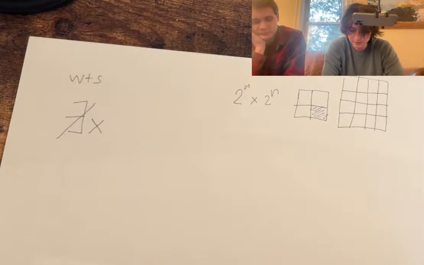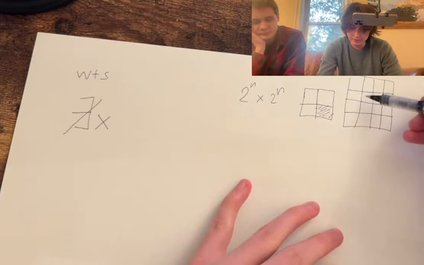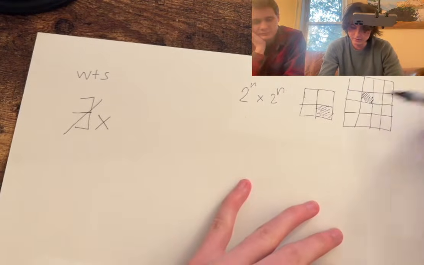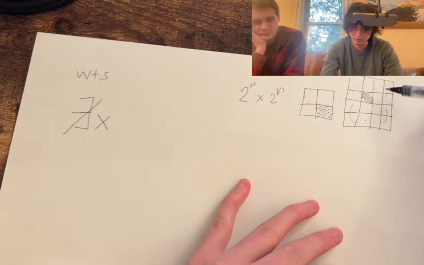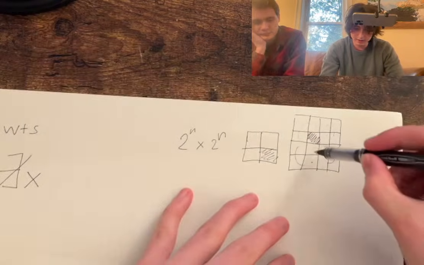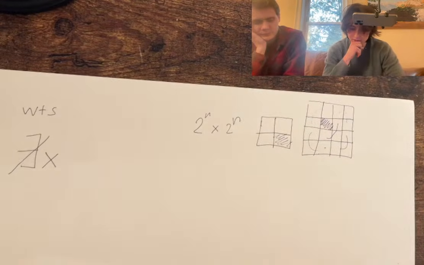So anything we remove is going to be successfully spanned by L shapes. This I buy because, if you remove this one, this is an L shape, this is an L shape, this is an L shape, this is an L shape. That's your borders. Then that's also an L shape.